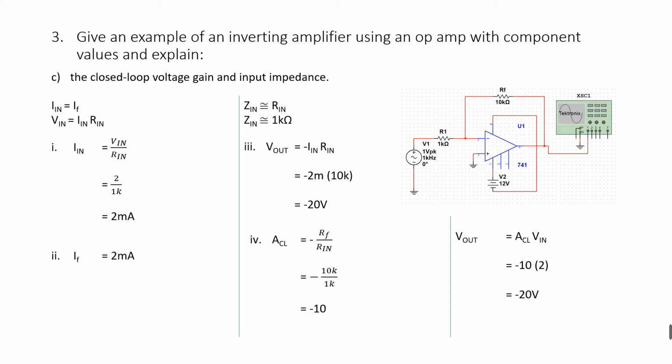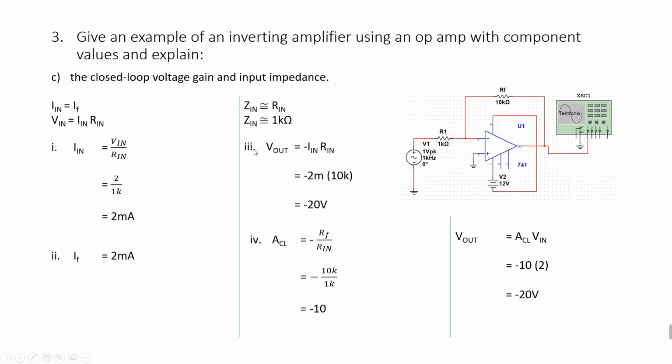We can get is 2 milliampere. So from the equation, I in is equals to IF. So IF is also 2 milli. The input impedance is approximate to R in. So in this case is almost the same as R1 here. So it's 1 kilo ohm.